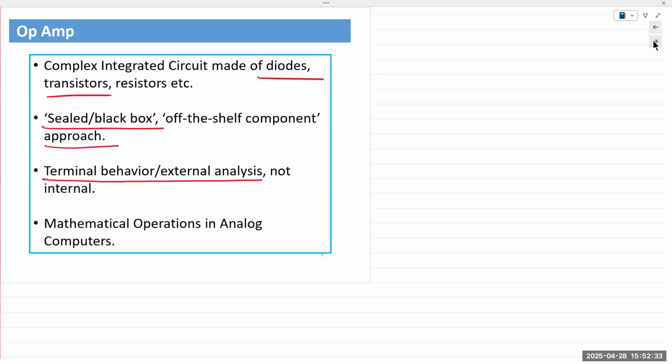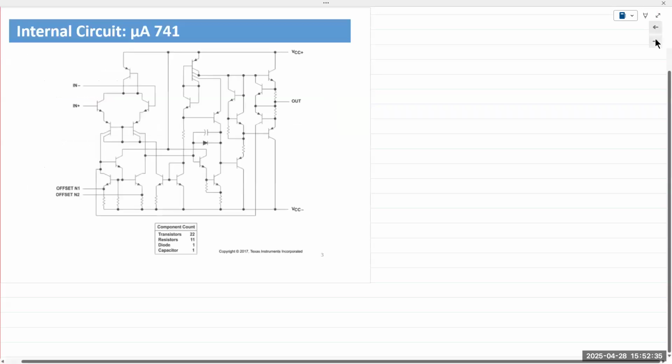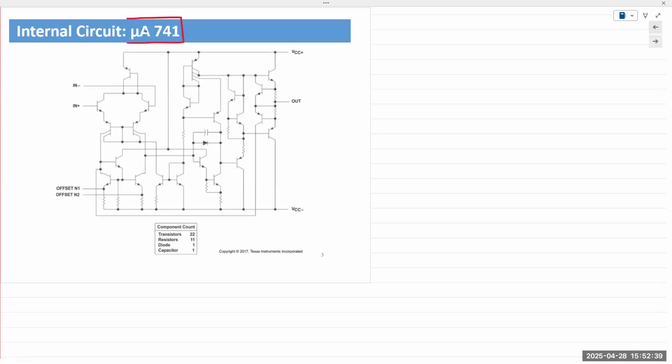One of the most common ones is the IC MU-A741. And that's probably what's in your lab kit, the 741. This is the exact same chip I used when I was a student. That's more than 35 years ago. That's still, even before I was a student, long time ago, before I came along.